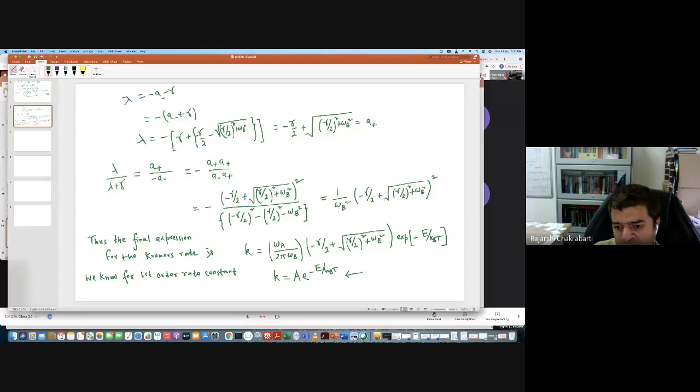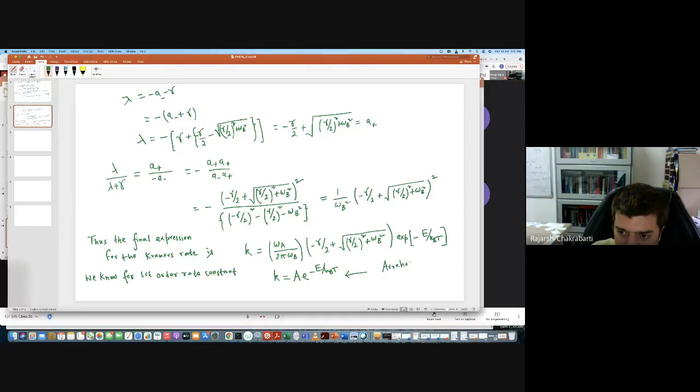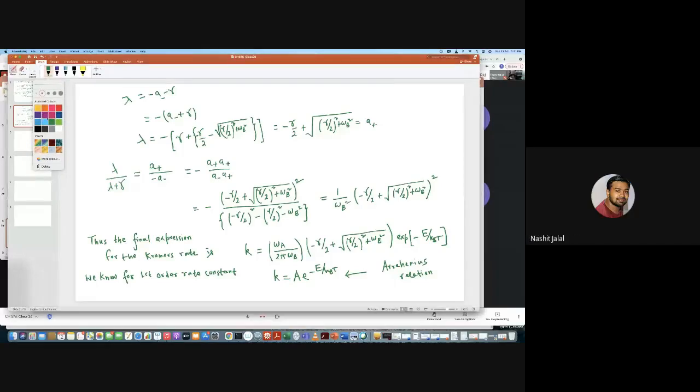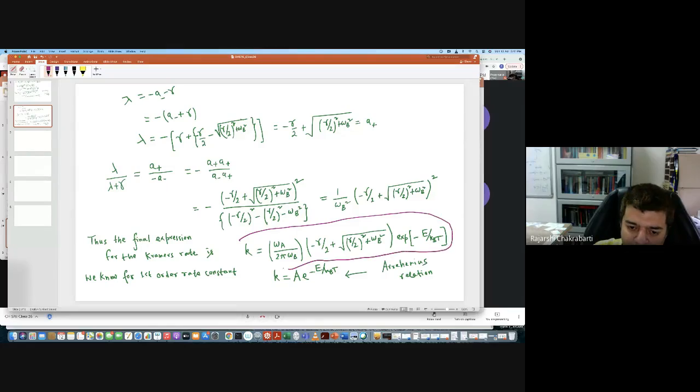This is the empirical Arrhenius relation. So can you see the similarity between the Arrhenius relation and the relation given by Kramers? Yes, sir. So actually, Kramers gives you a more general expression of the Arrhenius. One can compare.